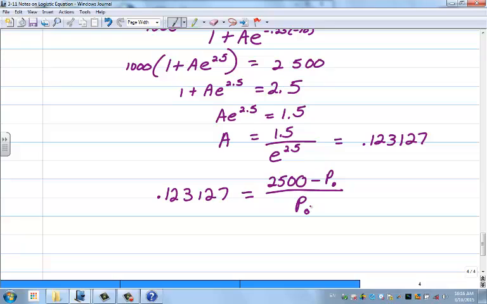So we get 0.123127 times P0 is equal to 2500 minus P0.